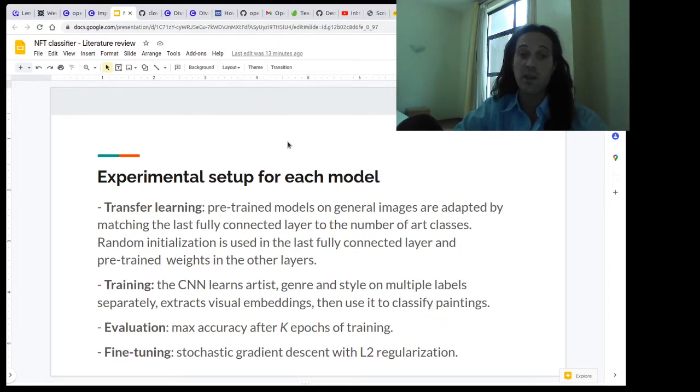In terms of training, the CNN learns artist, genre, and style on multiple labels separately, and extracts visual embeddings, then uses them to classify paintings. In terms of evaluation, the model chooses the max accuracy after k epochs of training, and the fine-tuning is done by stochastic gradient descent with L2 regularization.